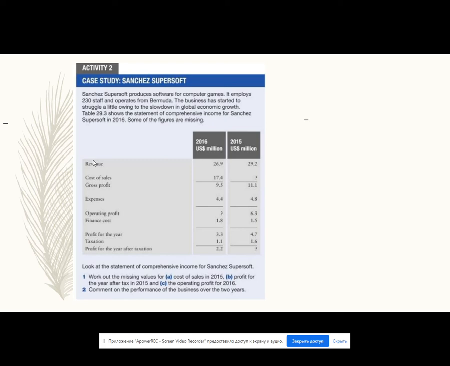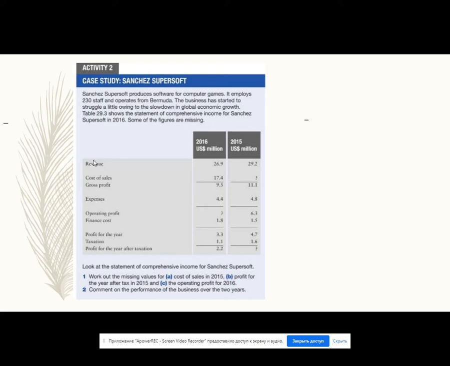So all in all, when it comes to statement of comprehensive income, you have to know that there are different types of profit, like gross profit, operating profit, net profit, and to be more specific, net profit or profit for the year before tax, net profit and profit for the year after tax. Also, we have distributed profit or dividends, retained profit, different types of profit.